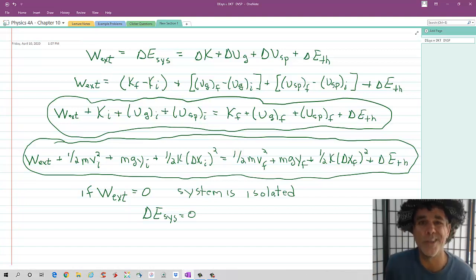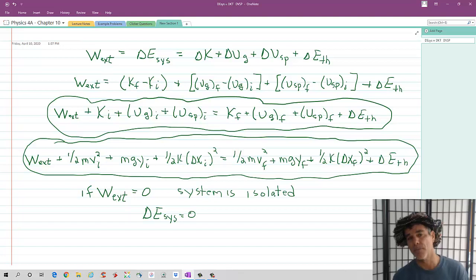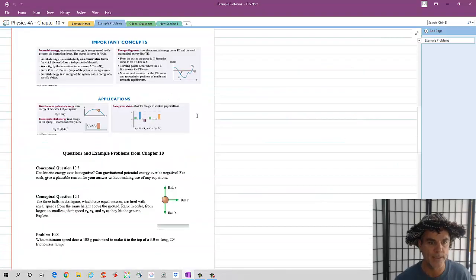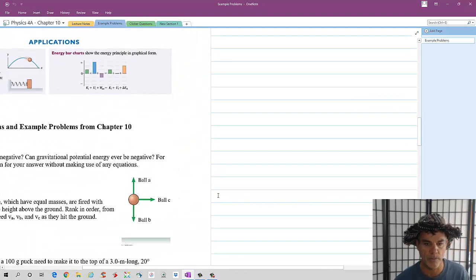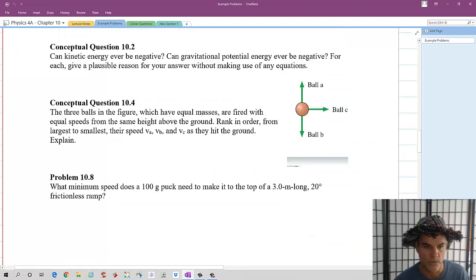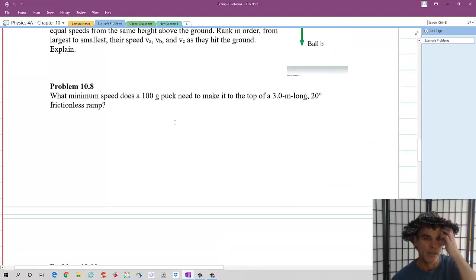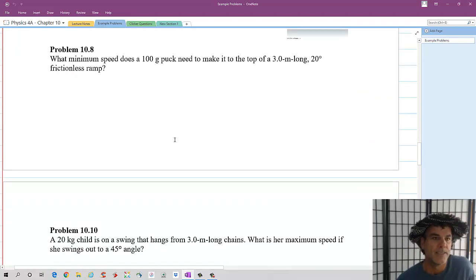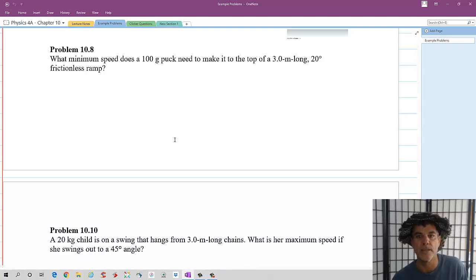So what I want to do is one example problem. I want to do it a couple different ways, showing you that how you define your system does make a difference. So let's look at example problem 10.8. It says, what minimum speed does a 100-gram puck need to make it to the top of a 3-meter long, 20-degree frictionless ramp?